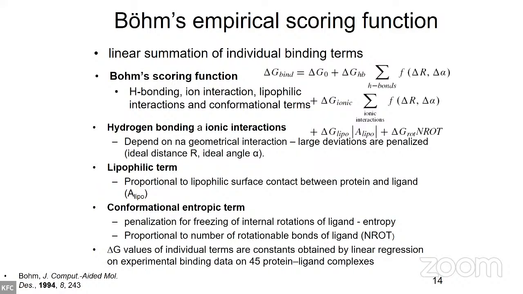This is one of those cases. This is the BEM scoring function defined binding energy by some kind of a parameter, which is just fitted. And then you have a fitted parameter together with the number of hydrogen bonds, a number of ionic interactions, size of the lipophilic part, and the number of rotational bonds.